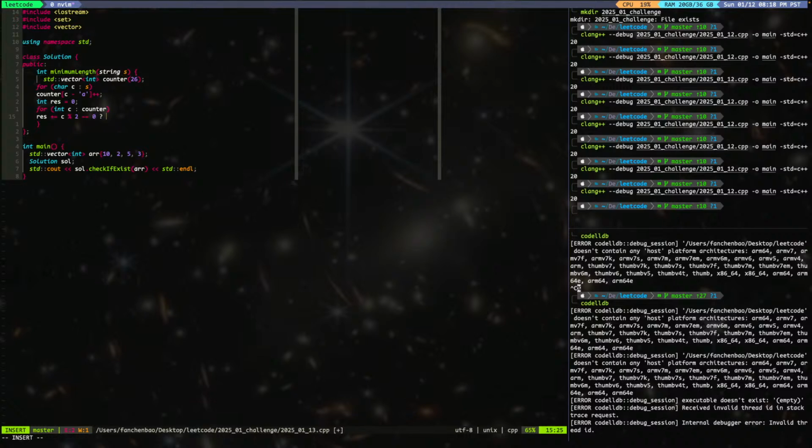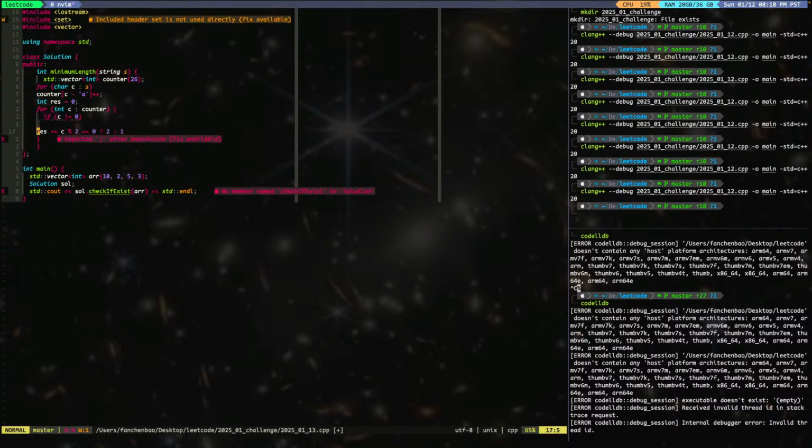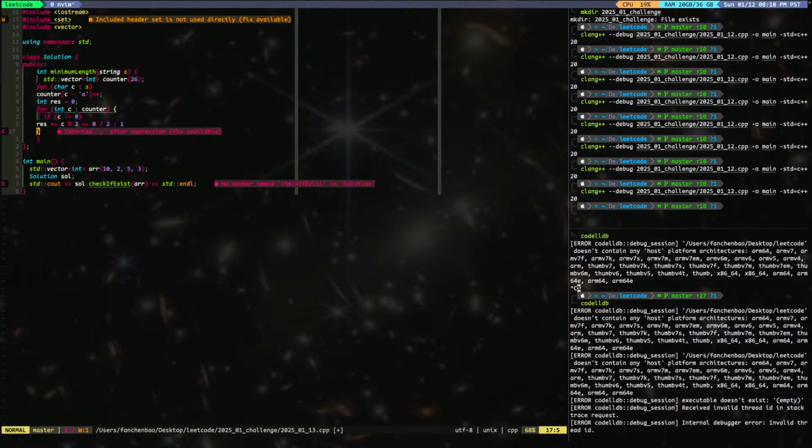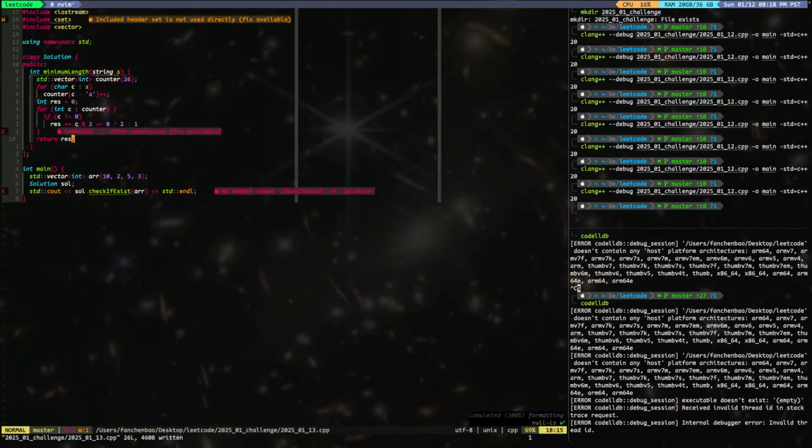If it's even it's 2, otherwise, oh, that's actually not true. Depending on if C is 0. If C is not equal to 0, then we'll do this, and then we'll return rest. Okay, let's give it a shot.